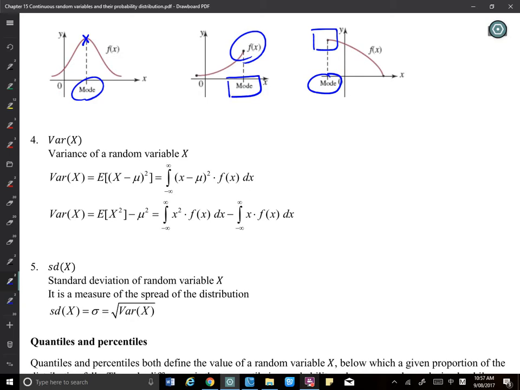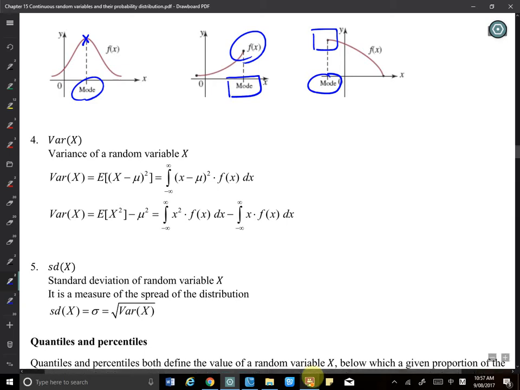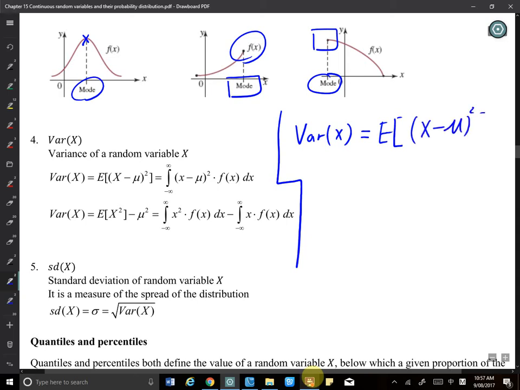Variance. Do you remember what's the variance for discrete? We have two equations for variance. VarX, that's for discrete, equals the expected value of x minus mu squared.